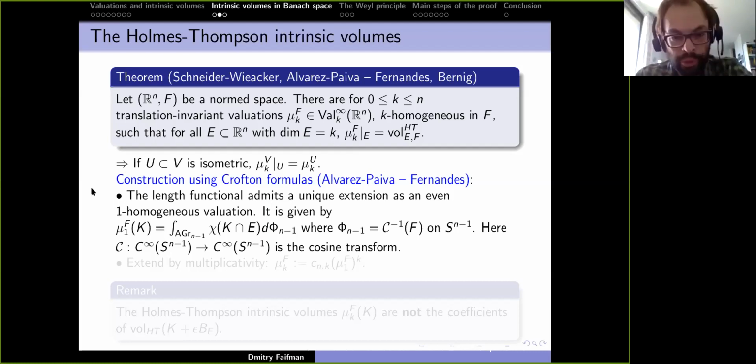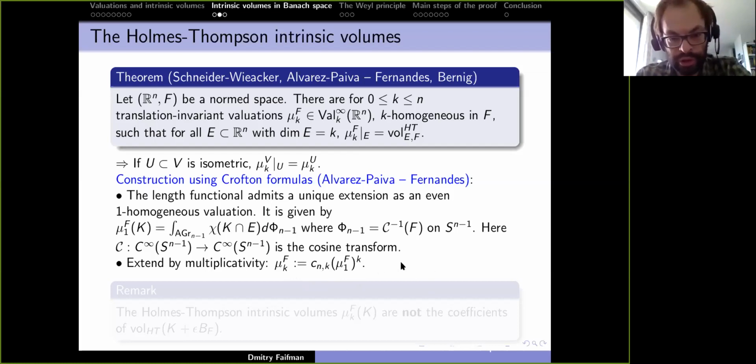Okay. The one thing that I want to say is that once you construct the first intrinsic volume, which is really straightforward, you can do the k-th intrinsic volume as in the Euclidean case by taking its k-th power in the sense of the Alesker product, properly normalizing it so that it's consistent with the definition of Holmes-Thompson volume, and you get some intrinsic volumes.